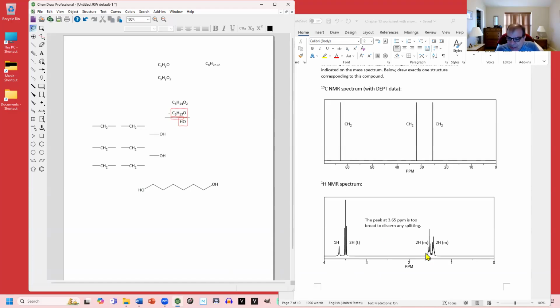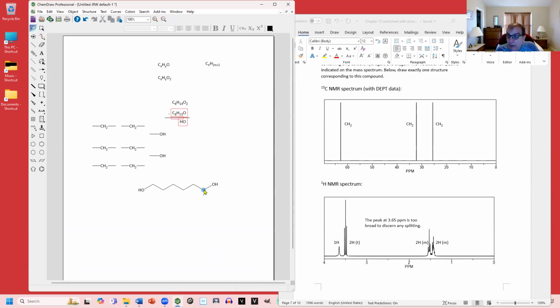And the remaining CH2 resonances are really ugly, and we don't see any clear splitting there. That's because you've got full freedom of rotation around all of those bonds, and you just get very complicated splitting. It's not nice, neat splitting like this triplet over here. That's split into a triplet by the adjacent CH2s. By the way, notice that we get a triplet, which means that the hydrogen on the OH group doesn't split the CH2.